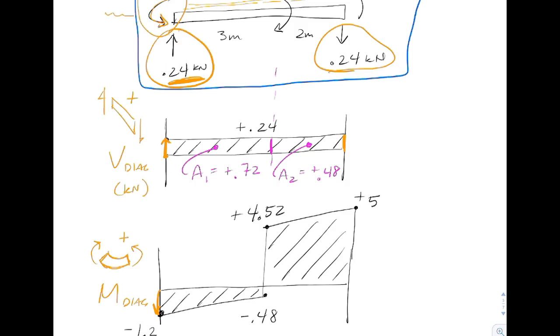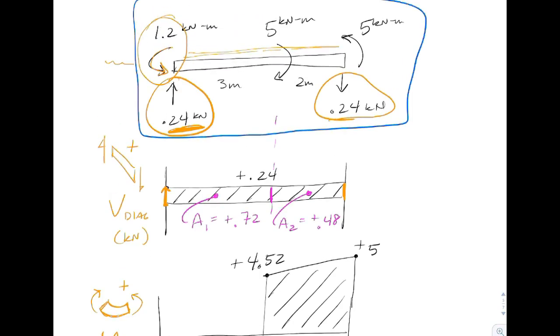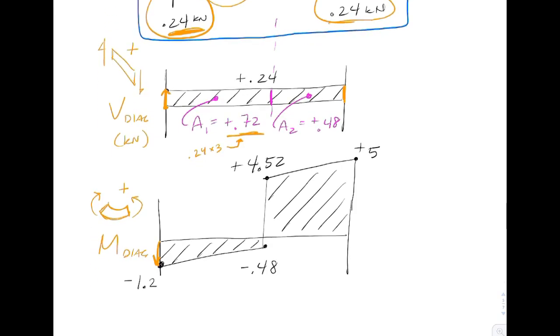The area underneath the shear diagram over the next 3 meters is 0.24 times 3, which gives us 0.72. So the change in the moment diagram over the next 3 meters is minus 1.2 plus 0.72, ending with a moment of minus 0.48.